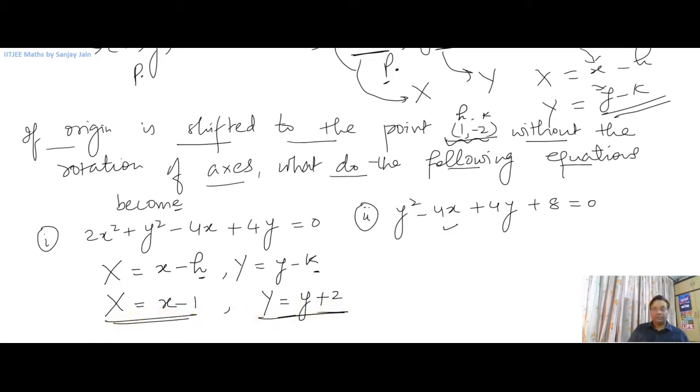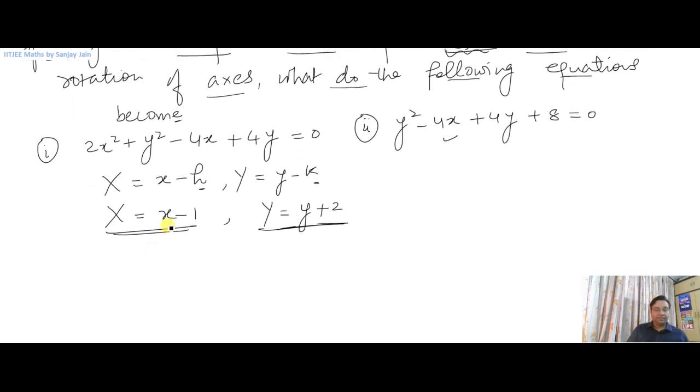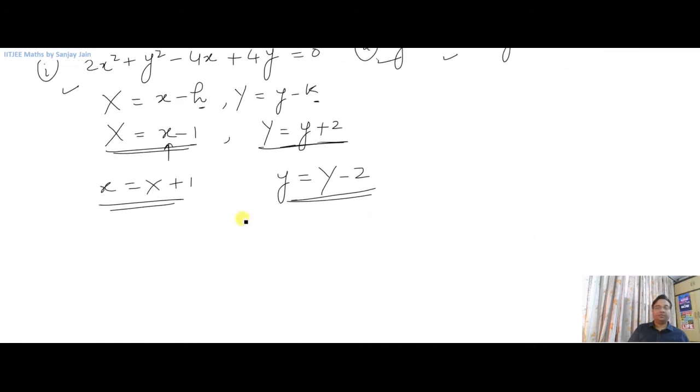So what I am simply going to do is replace small x with capital X plus 1 and small y with capital Y minus 2 in both the equations, and I'll get the new equations as per the new coordinate system. Let me replace x with X + 1 here.